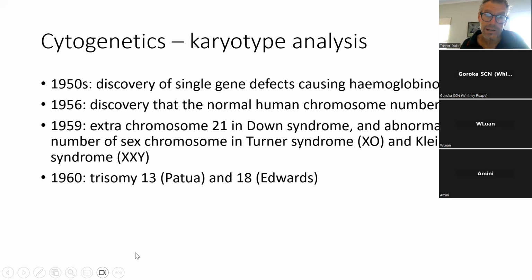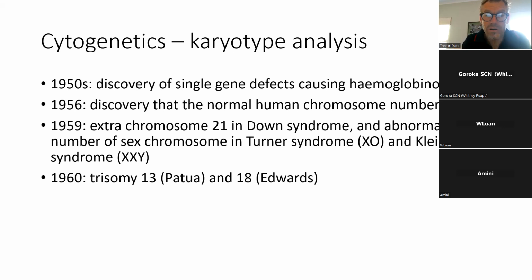Another abnormal number of sex chromosomes was identified as Turner syndrome. You probably heard of Turner syndrome, that occurs almost always in females, where they have short stature, a number of cardiac abnormalities and a characteristic facial appearance.